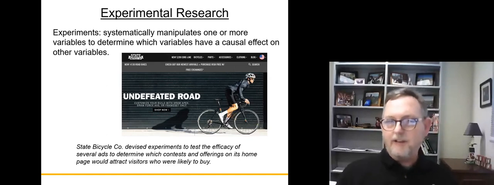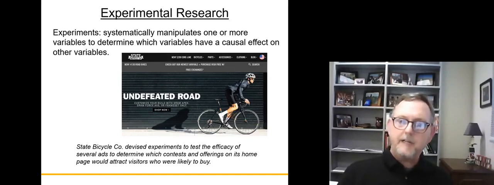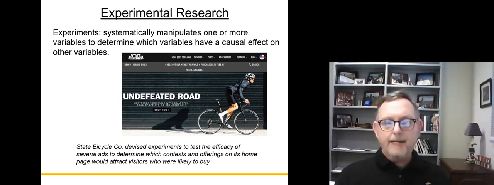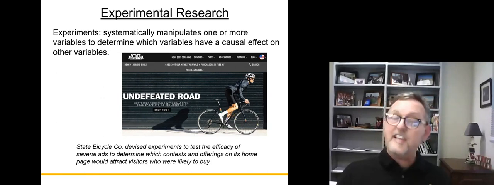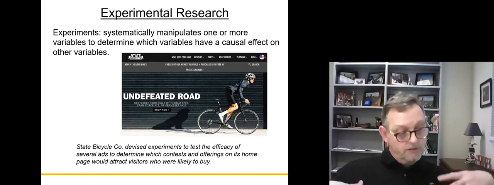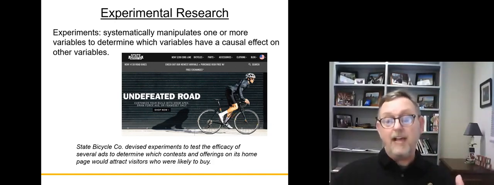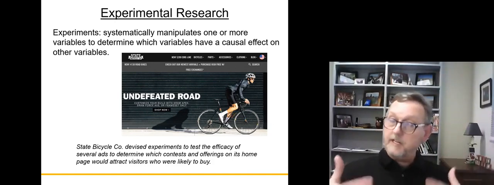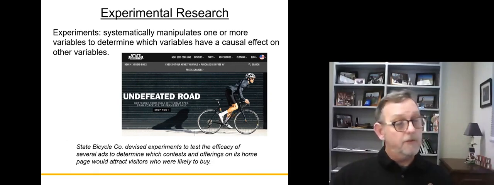So here's an example. We have an advertisement here for a bike. And what'll happen a lot in advertising is there might be 4 or 5 different versions of the ad. And what we'll do is we'll take those versions and we'll ask people their opinion of it.